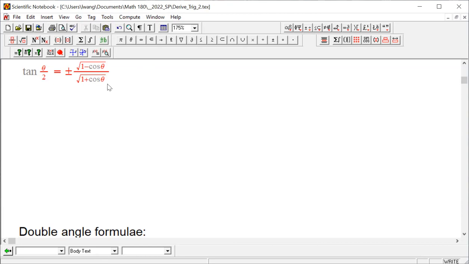Suppose I want to rationalize it. One way is to rationalize the numerator, and the other way is to rationalize the denominator. So suppose I'm going to rationalize the denominator. I still have the plus minus, right? I'm going to multiply by 1.